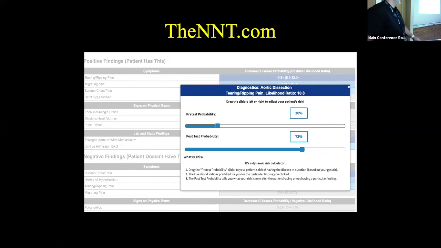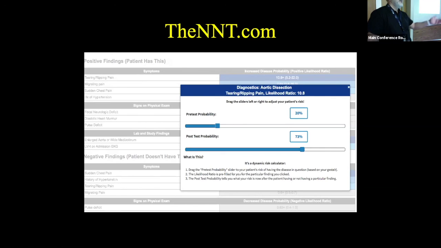You get something like this. Then it's a calculator that actually tells you that if you have the test, what your post-test probability is going to be. Isn't that beautiful? So anyway, NNT.com is available if you want to look at likelihood ratios. That's probably a good option for you to check likelihood ratios in the clinical area.